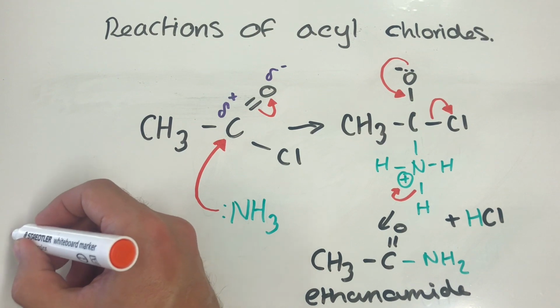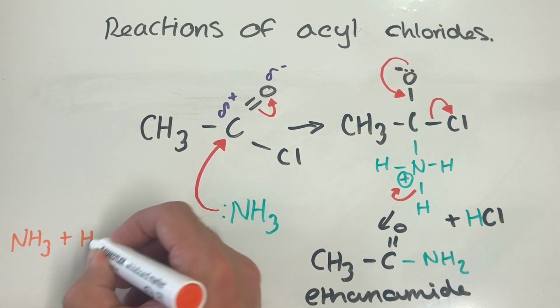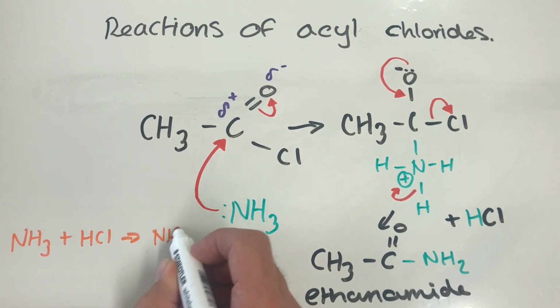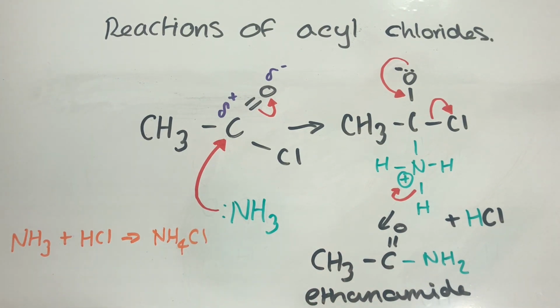So we end up having the NH3 reacting with the hydrogen chloride, and this makes NH4Cl. So this means initially we'll have white steamy fumes of HCl, but these steamy fumes will react with the ammonia in solution, and we'll end up producing a white smoke of ammonium chloride as well.